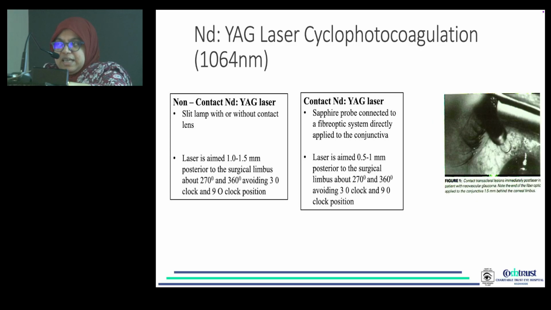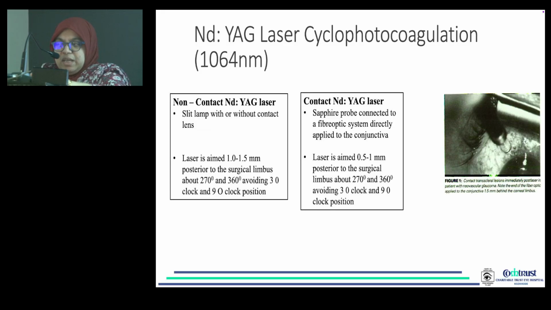In the ND-YAG laser, the wavelength used was 1064, and there are two types: non-contact ND-YAG and contact ND-YAG. In the non-contact, it was done using a slit lamp with or without a contact lens, and the laser is aimed at 1 to 1.5 millimeter posterior to the surgical limbus, whereas in the contact ND-YAG, it is using a sapphire probe, and the laser was aimed about 0.5 to 1 millimeter posterior to the surgical limbus.